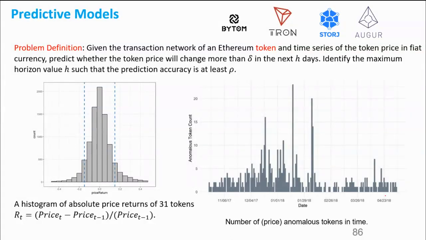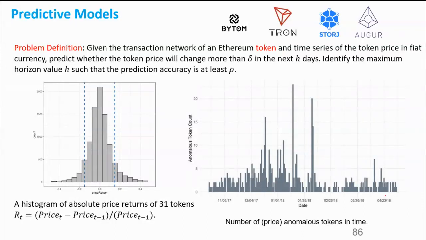Given the transaction network of an Ethereum token and time series of the token price in fiat currency, can we predict whether the token price will change more than a threshold in the next H days? And we will identify the maximum horizon value H such that the prediction accuracy is at least rho.